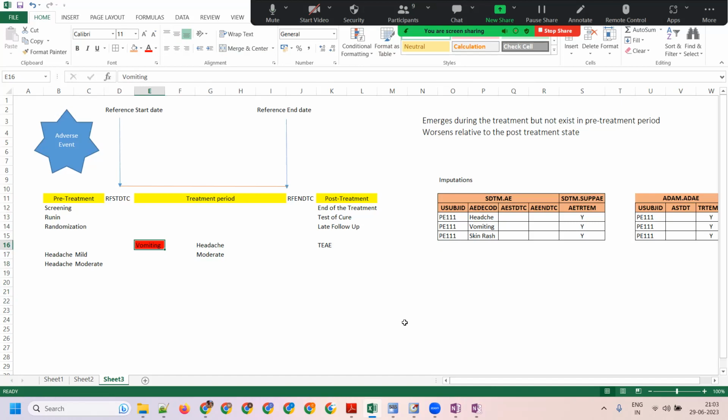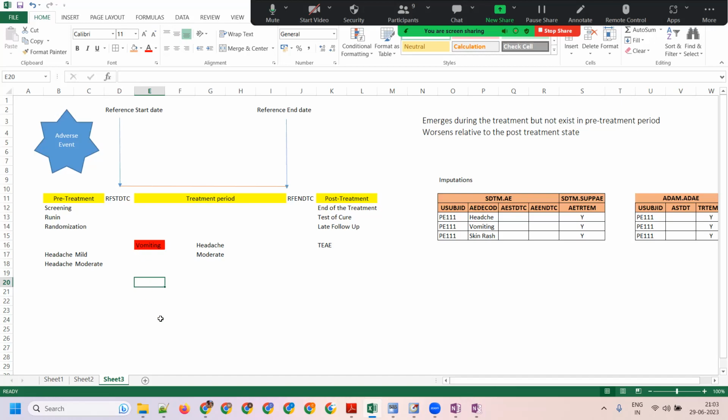I'll come to that. I'll give the data and I'll come to that. See, all I want to say is anything emergent emerges after your treatment start date. Not all of them are emergent flags. Not all of them are emergent events. I want to tell you that, and I'm going to support that with the data. I'll clarify that now.